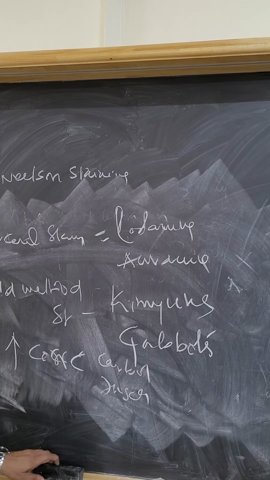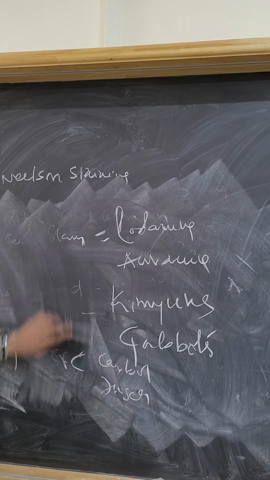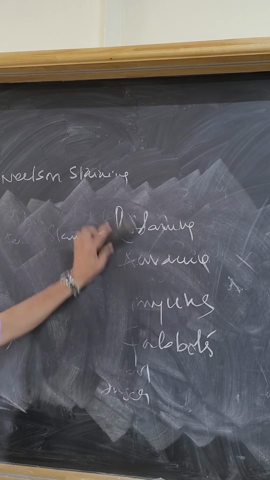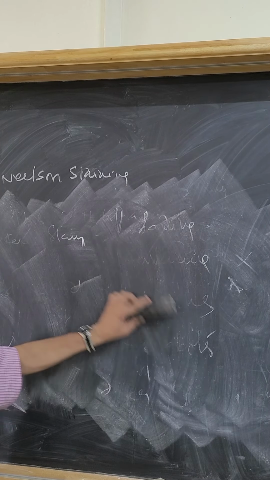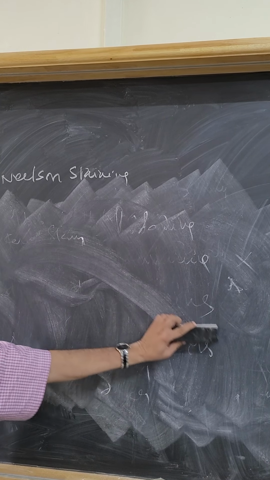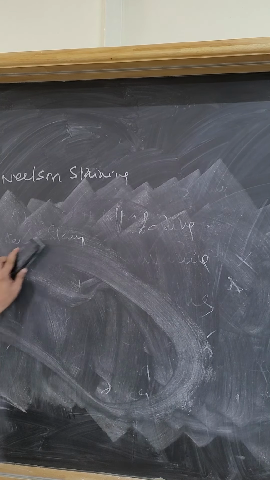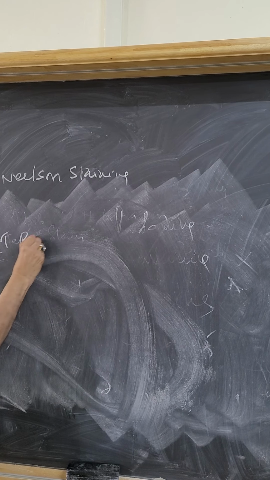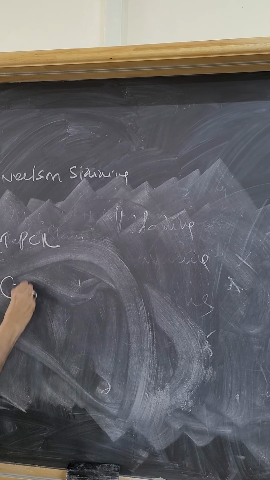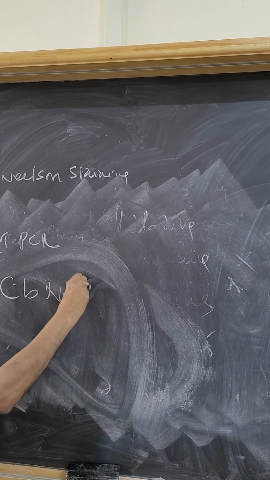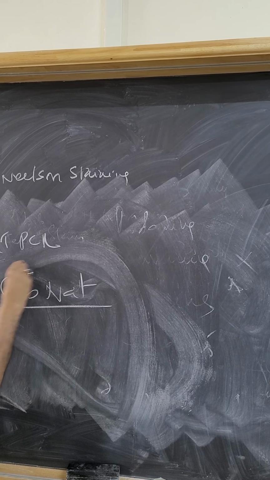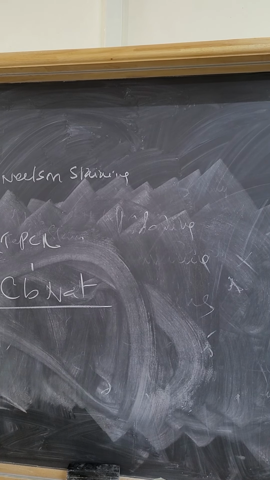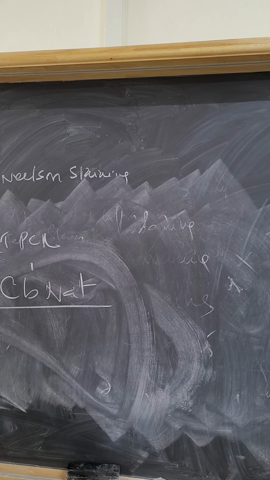Other methods of diagnosis of tuberculosis are growing in culture and animal inoculation. You inject into a guinea pig, sacrifice the guinea pig, and look for tubercles in various organs, lymph nodes and other places. Then finally you have RT-PCR. Then there is something called CBNAAT. CB stands for cartridge-based nucleic acid amplification test.